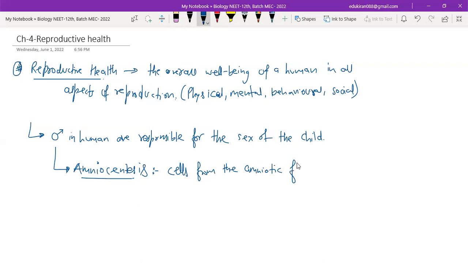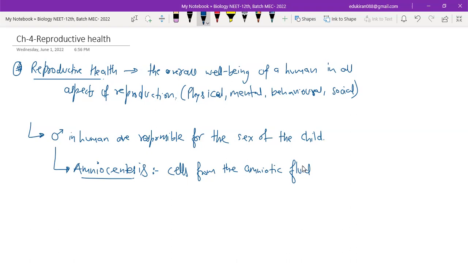So when we are inside the womb, we are present in a fluid filled membrane. We are inside it. That's called amniotic fluid with a membrane, right? So if we just put a syringe or something, we can collect some fluid without harming or disturbing the baby.